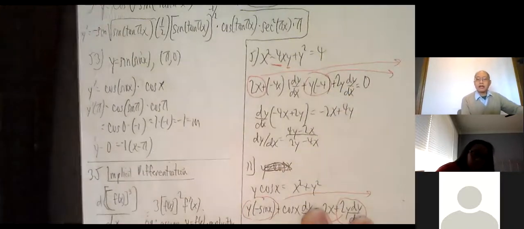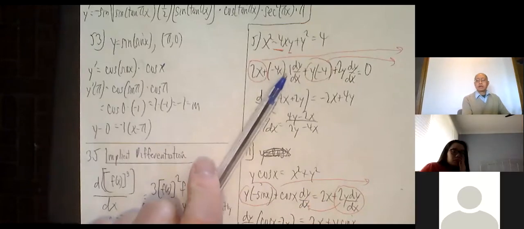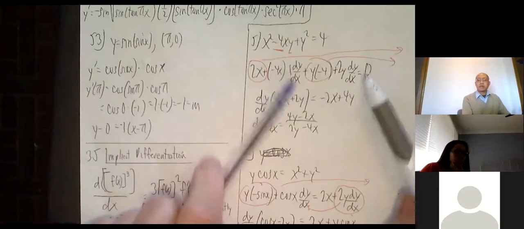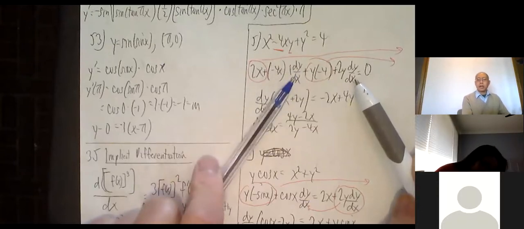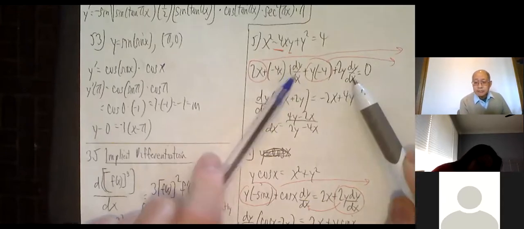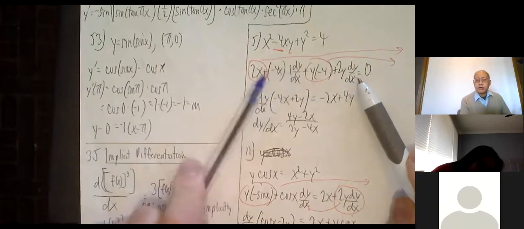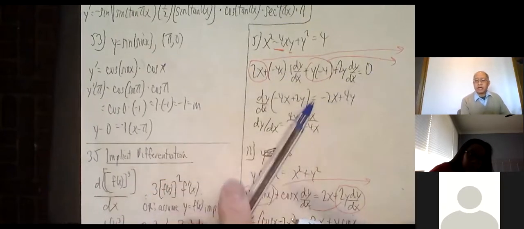Now, algebraically solve for dy dx. Okay, so the name of the game here is everything with a dy dx stays on one side, everything else moves to the other side, and of course you prefer to have as few negative symbols as possible. So both of these dy dx's are already positive, so I'll throw these two guys over. So 2x moves over, it becomes a negative.